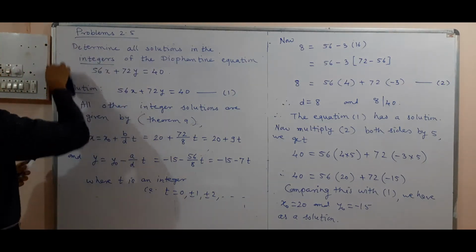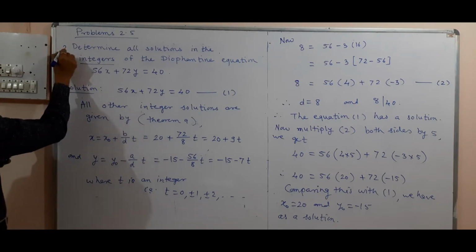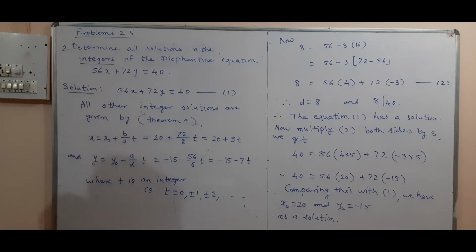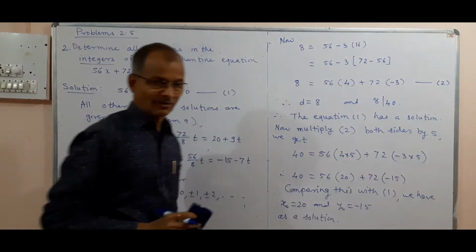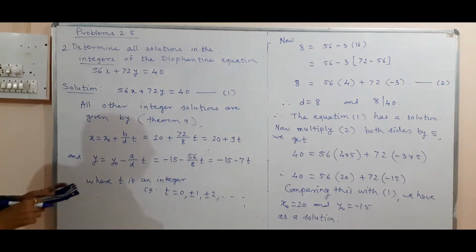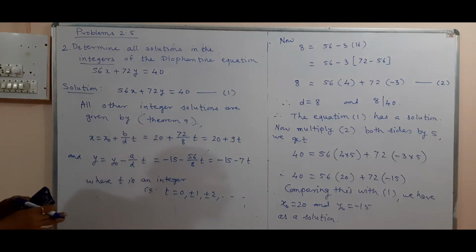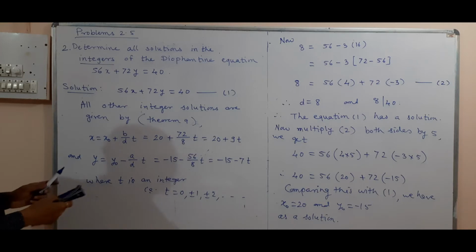Now we shall consider the second problem where the solutions are required to be positive. Positive integers must be the solution. You see here x naught is positive but y naught is negative, and if we want both solutions positive, then we have to put the other condition also.